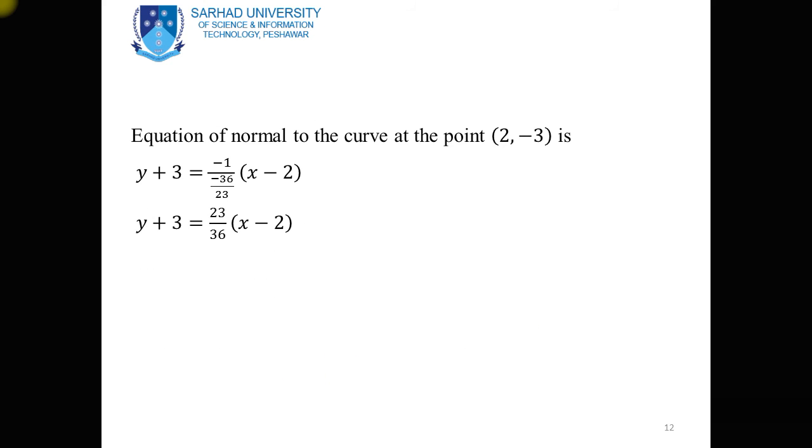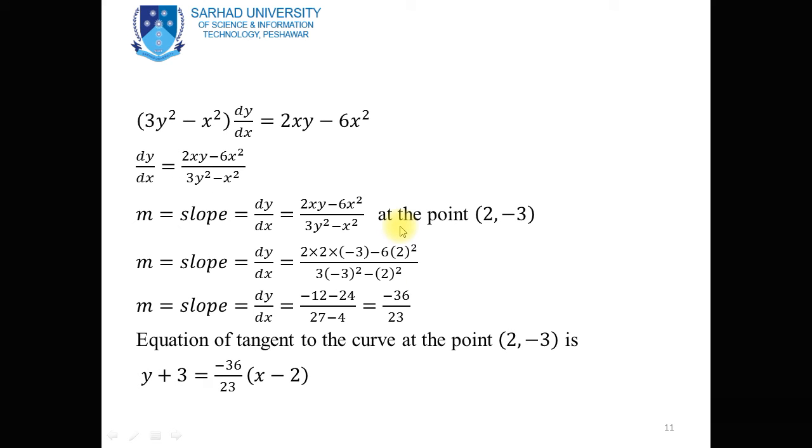Now the equation of the normal line to the curve at this point 2, minus 3. Since the slope of the tangent line is minus 36 by 23, the slope of the normal line will be equal to 23 by 36. So dear student, this point is very easy. For the normal line, take the negative reciprocal of the slope of the tangent line.